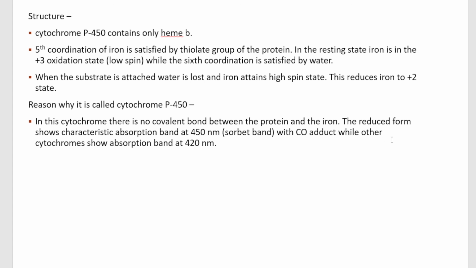So because it absorbs around 450 nanometers, it is called cytochrome P450. All other cytochromes show absorption around 420 nanometers. Only cytochrome P450 absorbs a wavelength of 450 nanometers. That is also the reason it was named cytochrome P450.